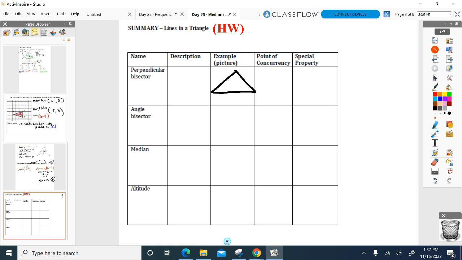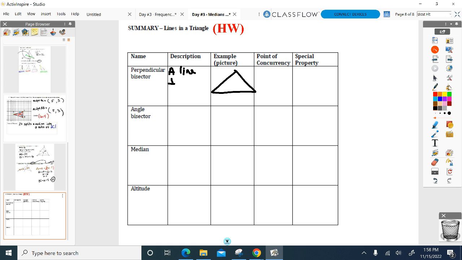Now describe to me what you just drew in. What did you draw? A line segment, a ray? I drew a line. Okay, tell me something about that line. A line that does what? It's perpendicular to the opposite side.